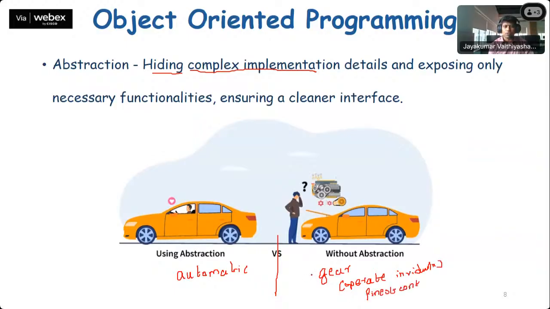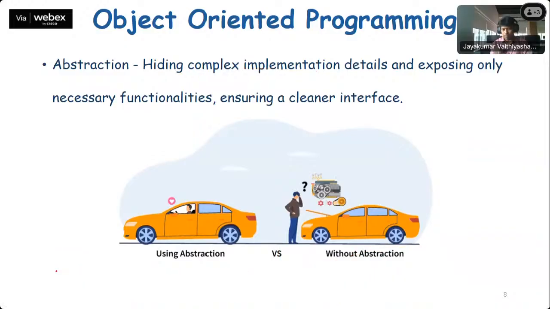So this is without abstraction. Here they are not hiding the gear information, but in automatic the machine will take care. So here they are doing abstraction of the gear system. Is it clear? Are you able to follow what abstraction is?